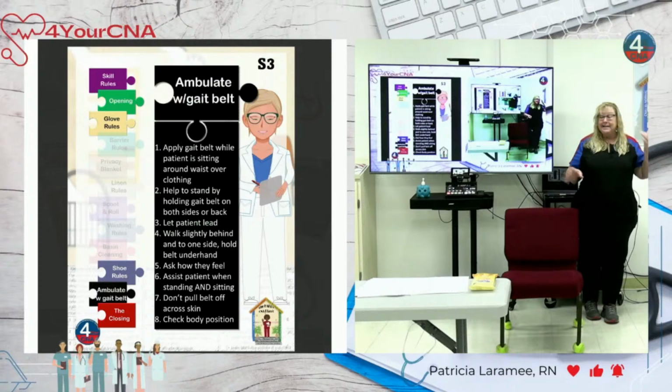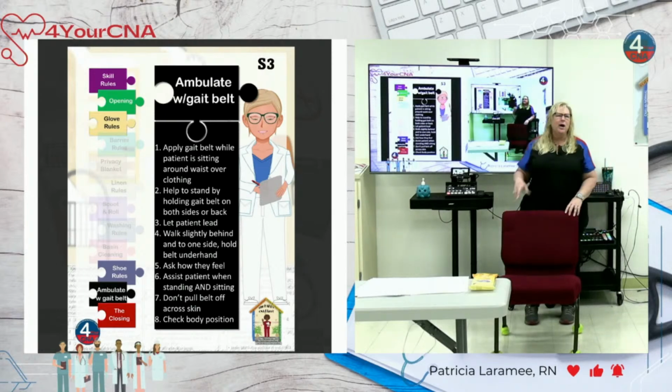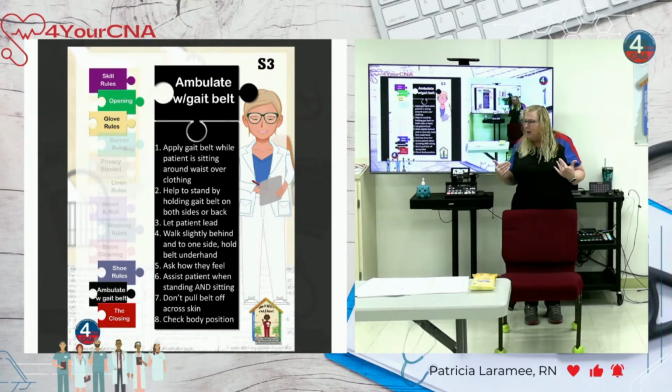Now, CNAs get this one all wrong all the time because CNAs think, well, I'm the one bathing them. All they're doing is sitting there. I'm doing all the work. Why won't they let me bathe them? They say they don't have the energy for bathing, but I'm doing all the work. And they try to force the patient into the shower. Understand that just sitting there also takes energy.